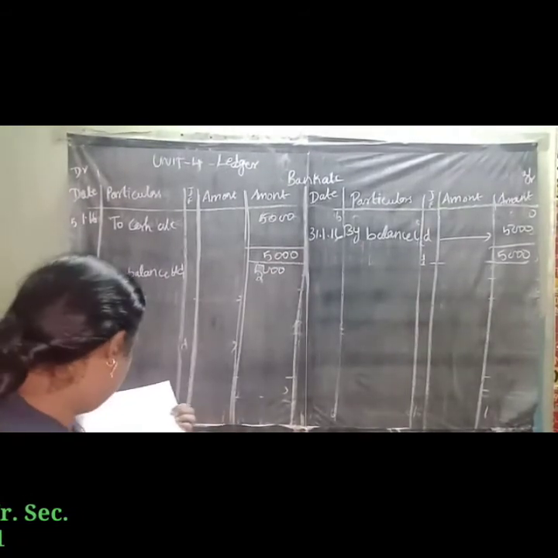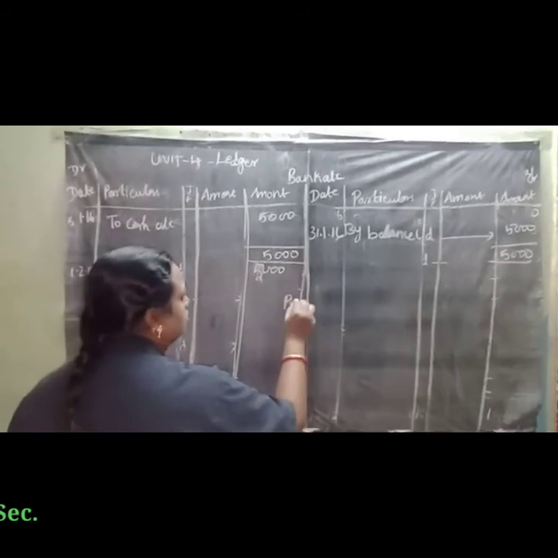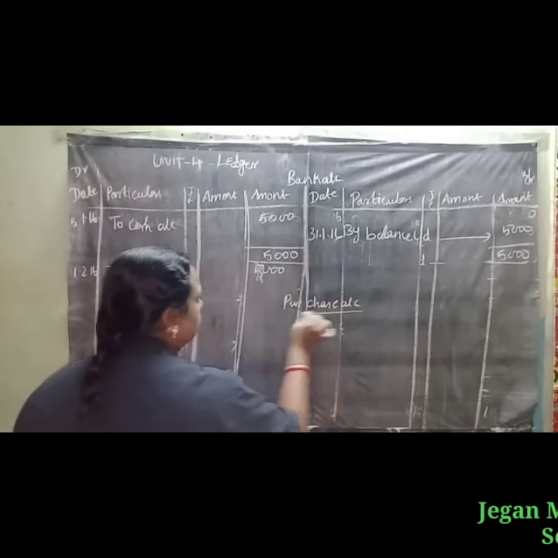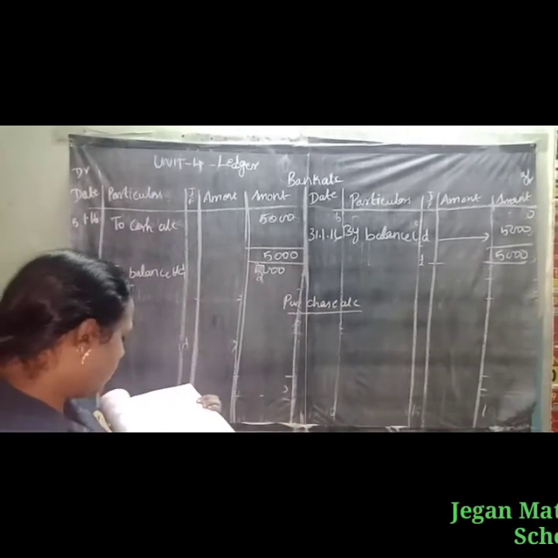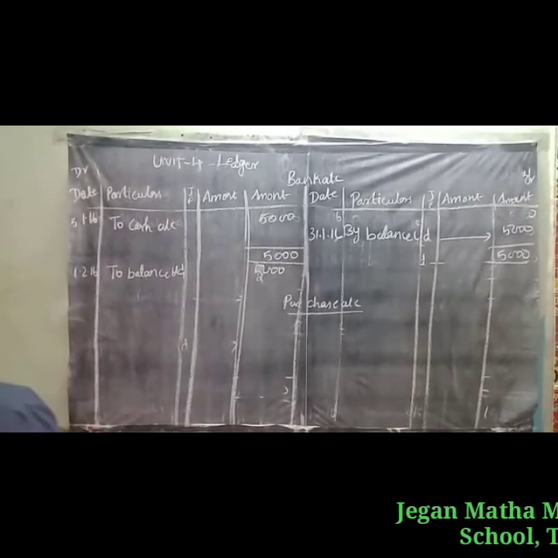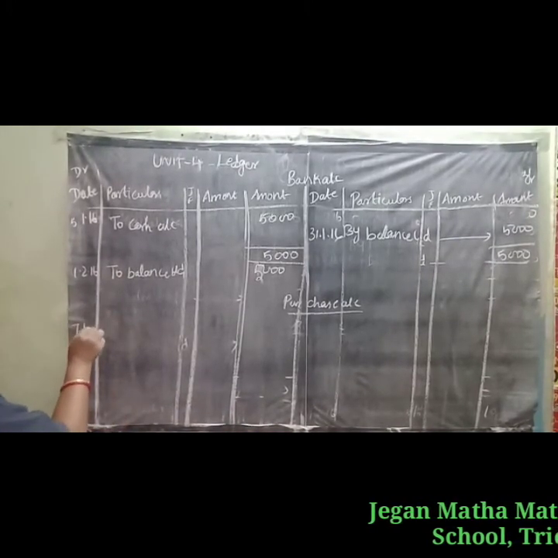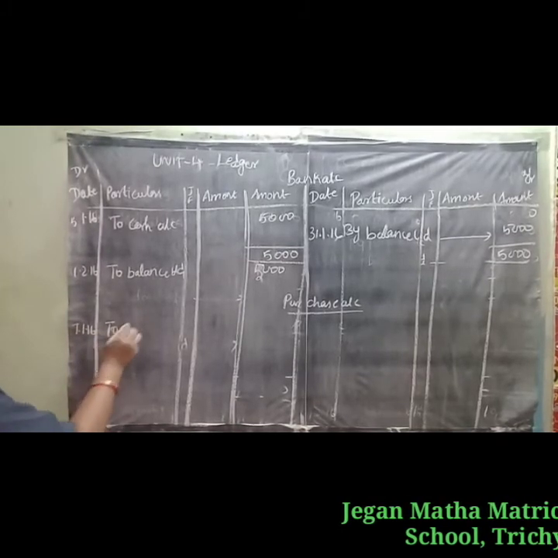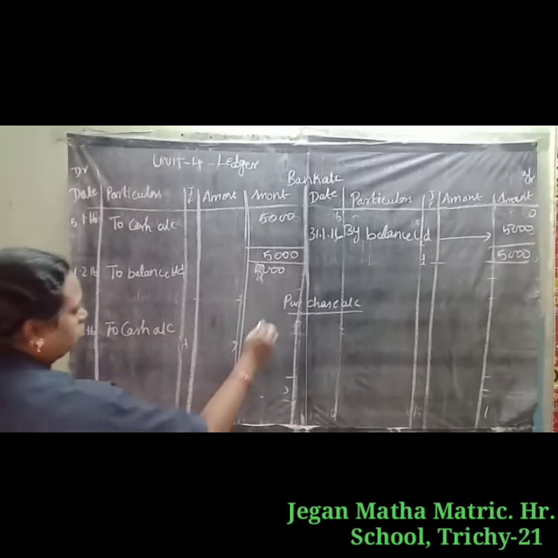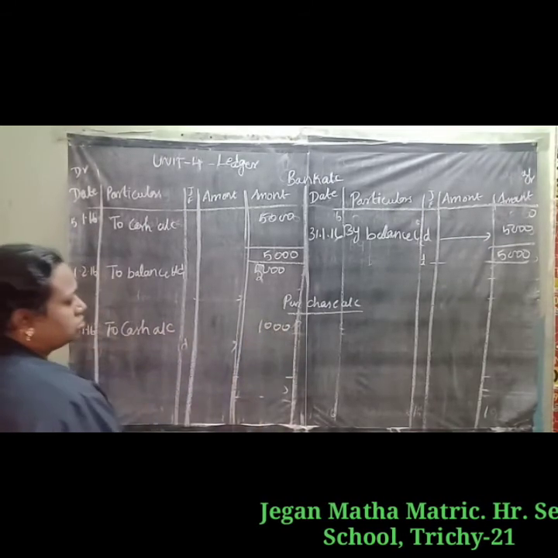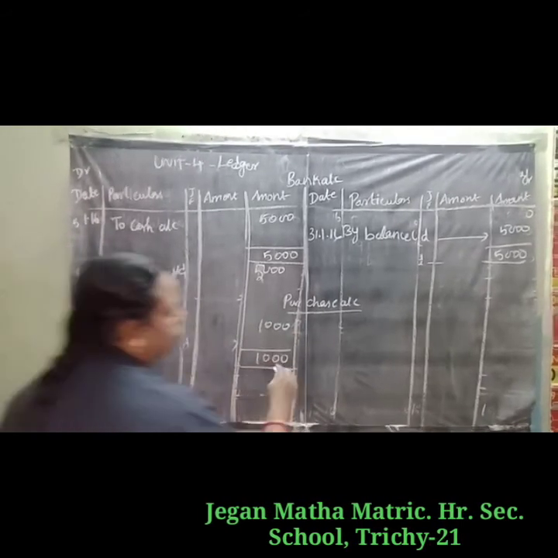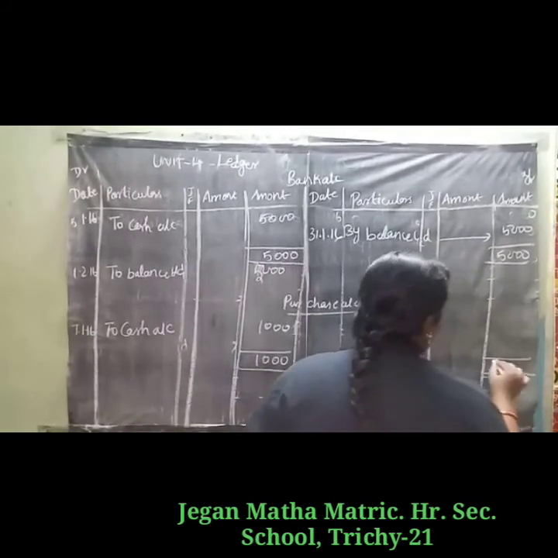Next account we are going to prepare is the purchase account. Purchased goods from Ram for cash. Purchase is on the debit side. Date 7/1/2016, to cash account 1,000. So we have to close this. The debit side is more, so 1,000, and bring it to the credit side 1,000.